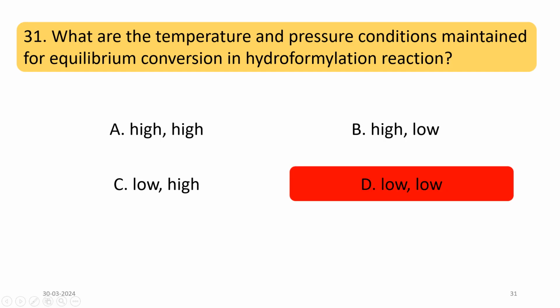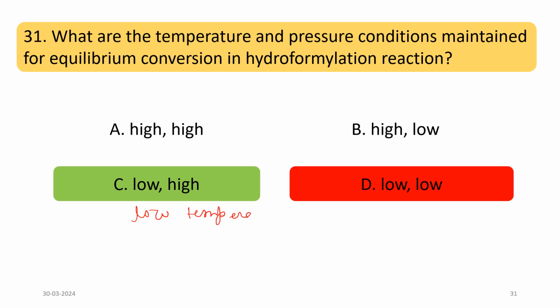The answer is low temperature and high pressure. For good equilibrium conversion, low temperature and high pressure are maintained.